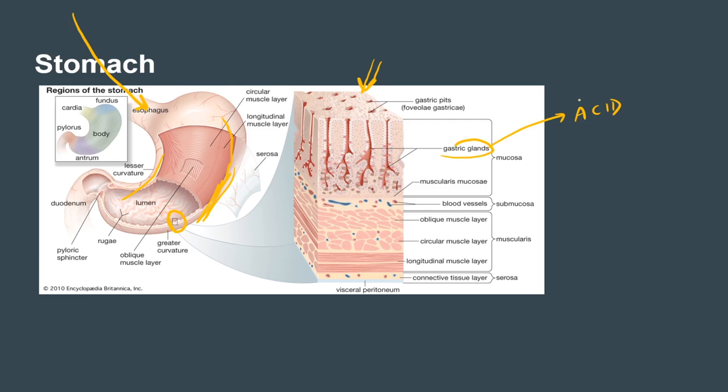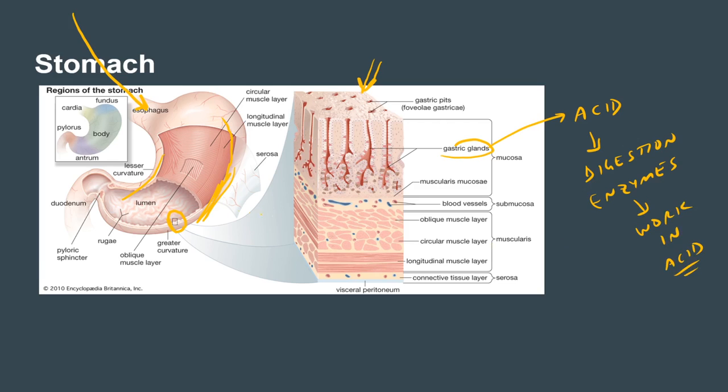And the acid does a couple things. Let's just say it helps with digestion. And also, a lot of the enzymes in the stomach only work in acid, which is interesting.